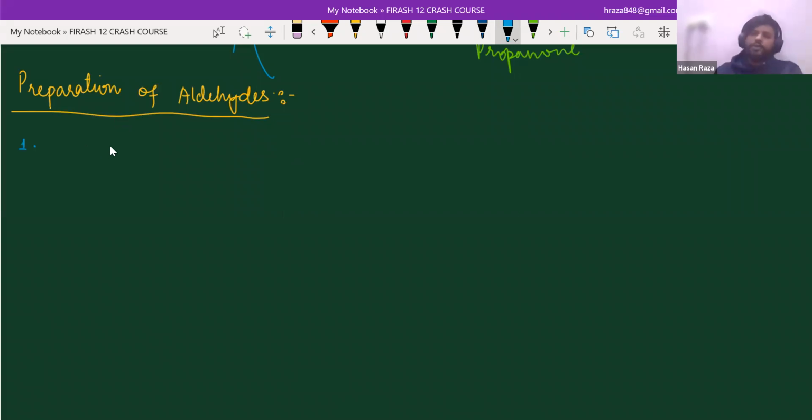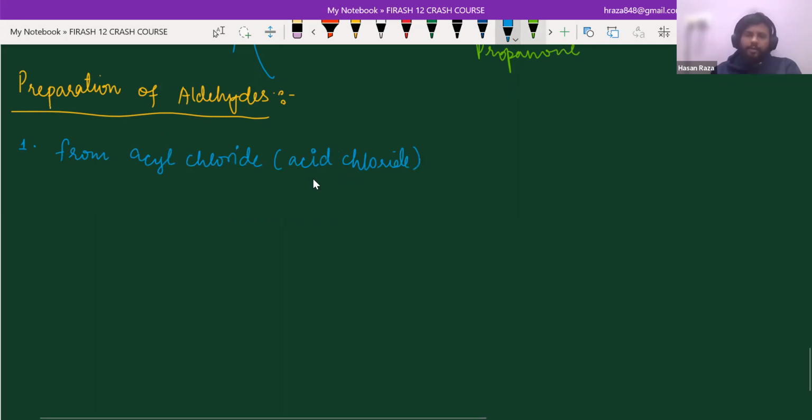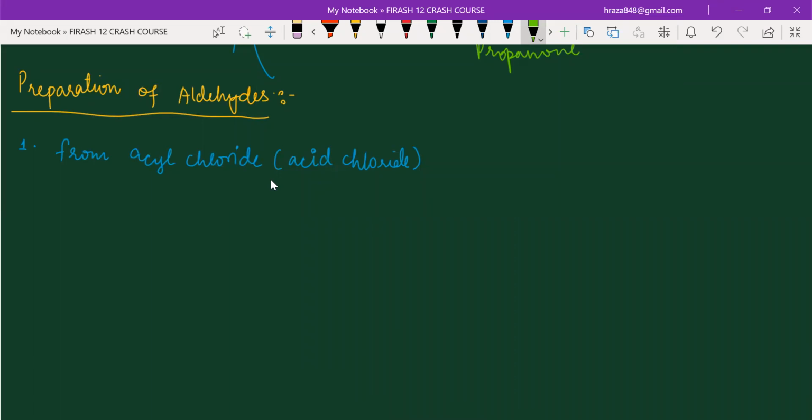Previous preparation was mixture of aldehyde and ketones, and depending upon the reactant, it will either give you aldehyde or ketone. So the first here is from acyl chloride, or we can say acid chloride. It's a very important reaction, and we will also do hydration of alkynes.